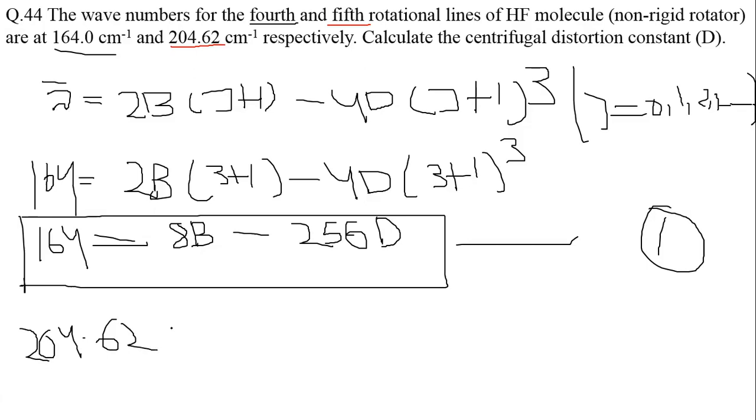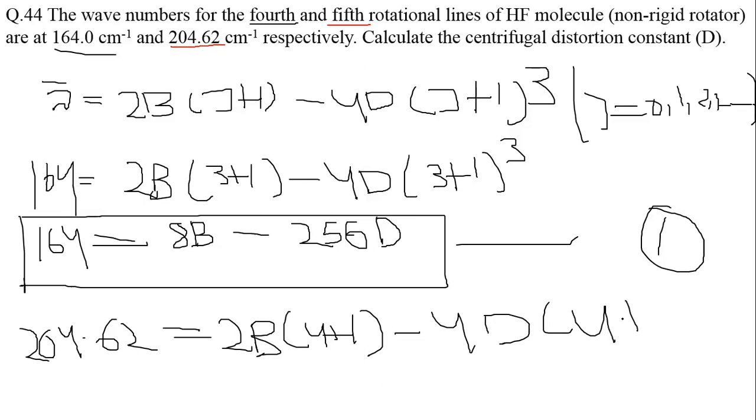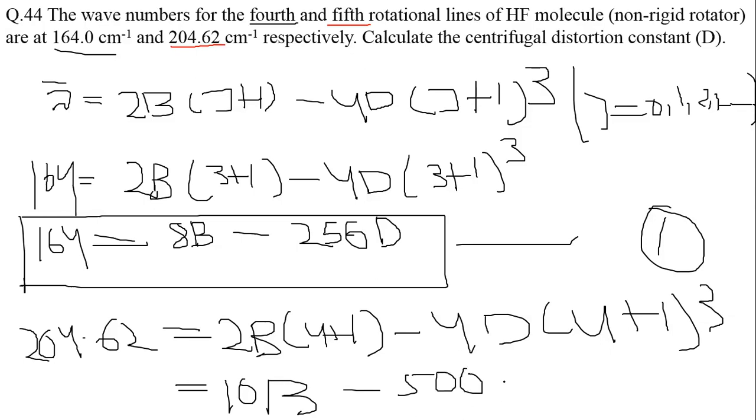And another: 204.62 is equal to 2B into (4 plus 1) minus 4D into (4 plus 1) cube. So it is 5 into 2, that is 10B, minus 4 into 5 cube, 125 into 4, 500D.